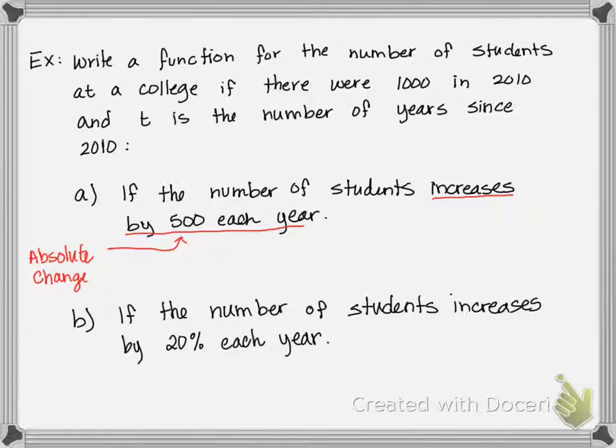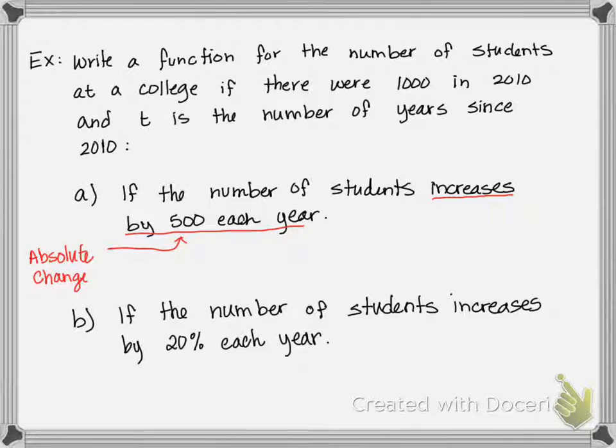So how many students are added each year doesn't depend on how many students there were the previous year, right? So it's always just 500. So it's an absolute number of people. And that's the characteristic that we look for when we're looking at linear functions.